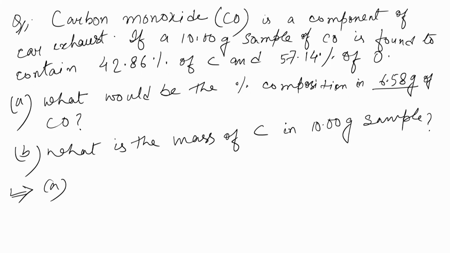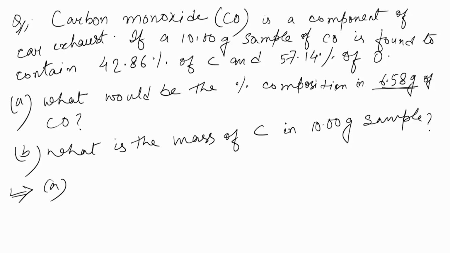The percentage composition will always be the same. So, it doesn't matter how much weight of carbon monoxide we are taking, the ratio of carbon to oxygen and the composition will always be the same.